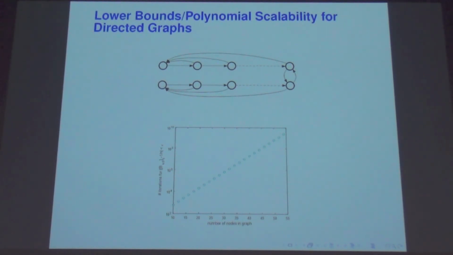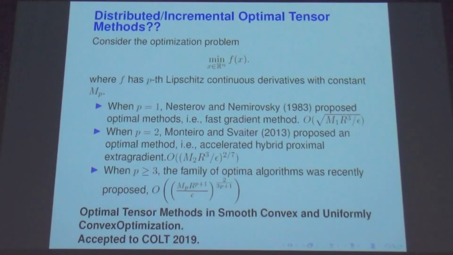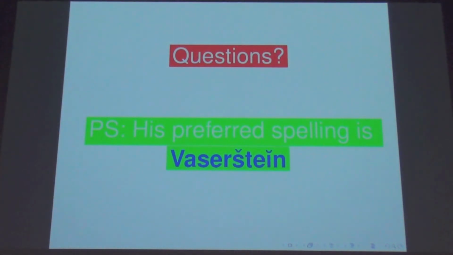It's a big open problem whether you can design an algorithm that scales polynomially in the number of nodes for directed graphs. If you can solve it, then you become instantly famous. I'm going to finish with this, and if you have questions, we can discuss.